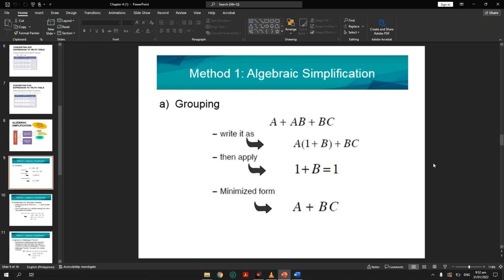In this example, we are given an expression A plus AB plus BC.